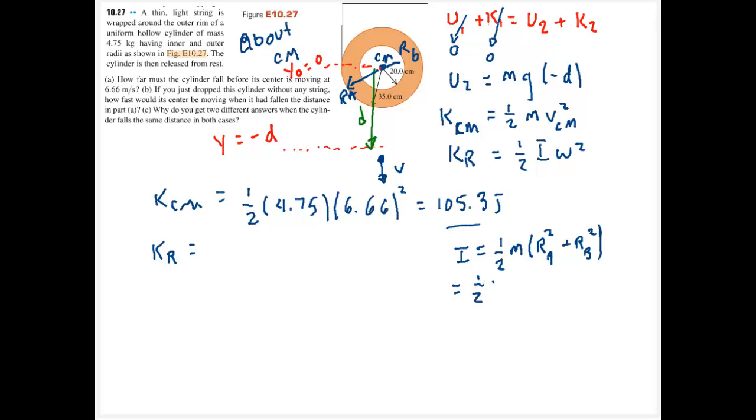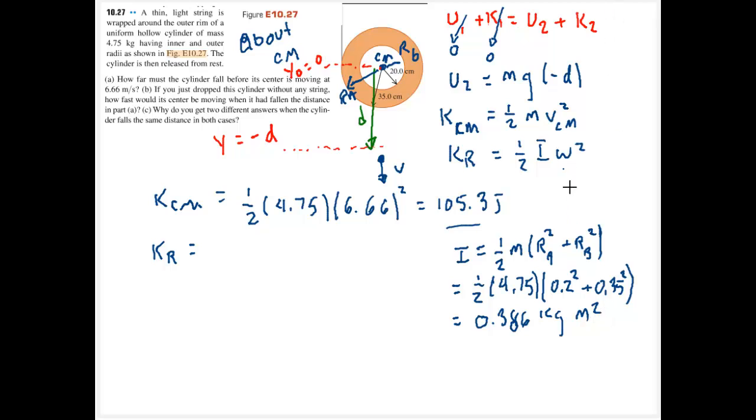1/2 the mass is 4.75 kilograms, times 0.2 squared plus 0.35 squared. And keep in mind that I've converted the radii from centimeters to meters. So I'm going to come out with a rotational inertia of 0.386 kilograms meters squared.